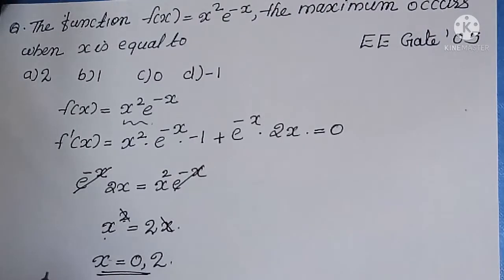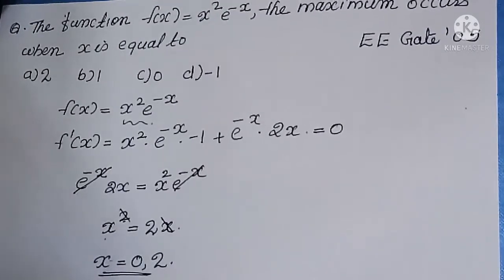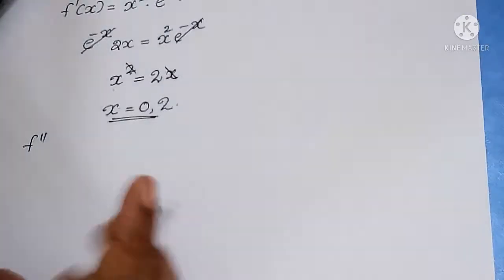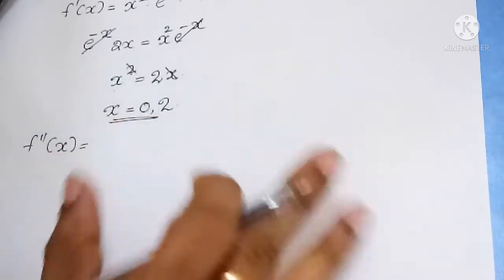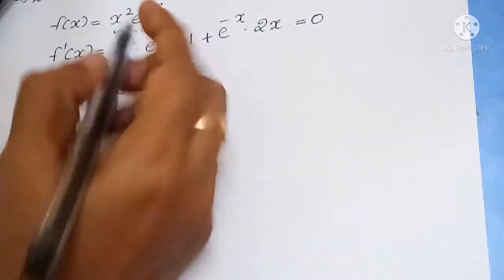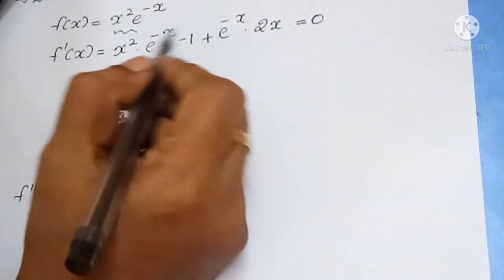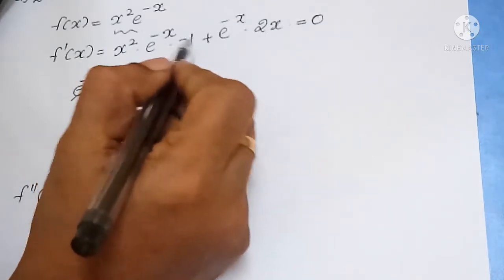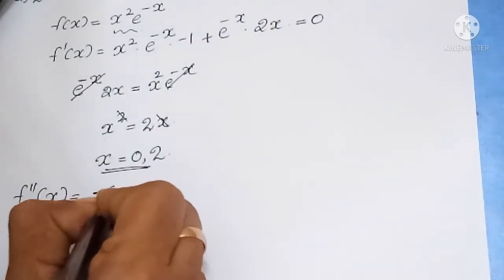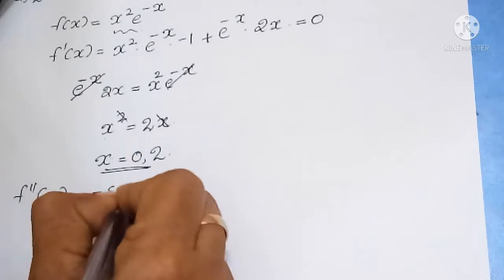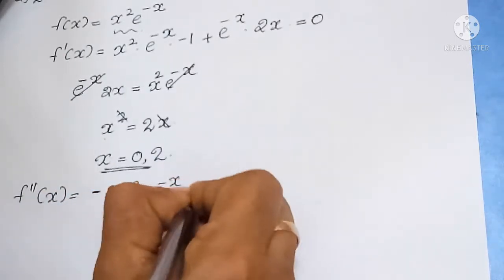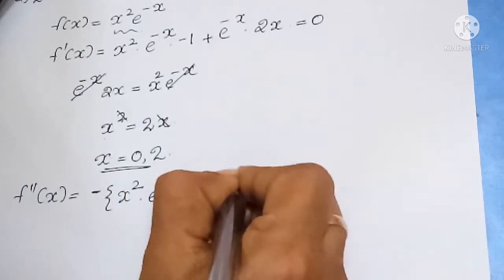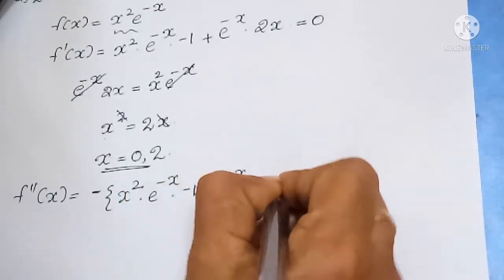Then we need to find the f double dash of x. What is f double dash of x? Here we need to apply the product rule. Here we have a minus term, so minus of first, x square, into derivative of second, e raised to minus x into minus 1, plus second into derivative of first.